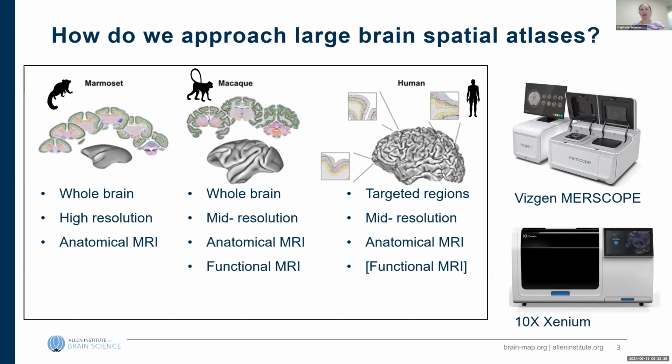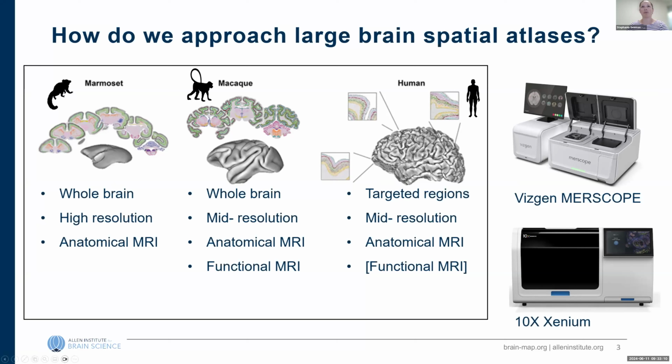Tackling these large brain samples, as Ed mentioned, is incredibly challenging. So we need to take different approaches for these larger brains than have traditionally been used for the mouse, though we are using two similar commercially available spatial technologies, the Vizgen MERSCOPE and 10x Xenium systems, which give us imaging-based spatial transcriptomics data.